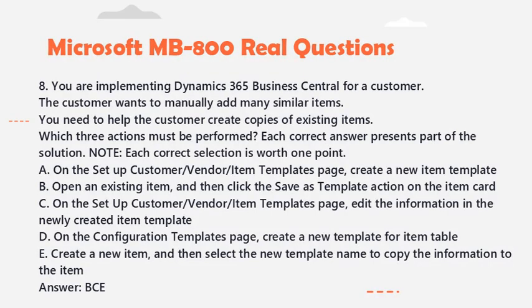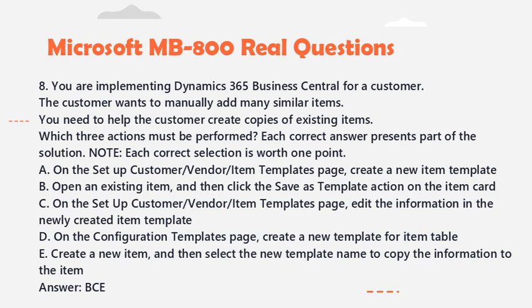8. You are implementing Dynamics 365 Business Central for a customer. The customer wants to manually add many similar items. You need to help the customer create copies of existing items. Which 3 actions must be performed? Each correct answer presents part of the solution. Note: each correct selection is worth 1 point. A. On the Setup Customer, Vendor, Item Templates page, create a new item template.